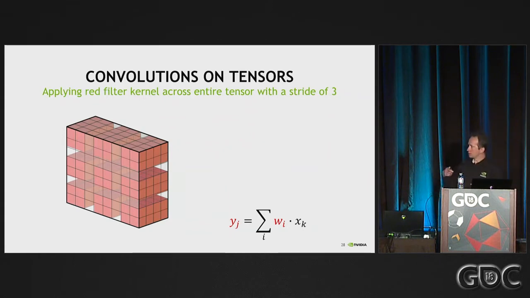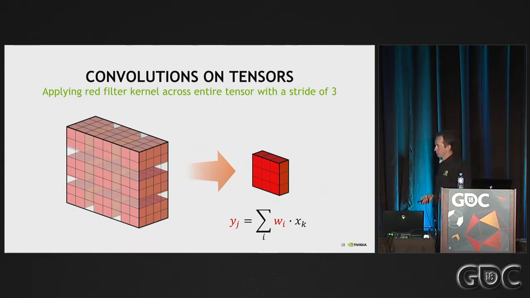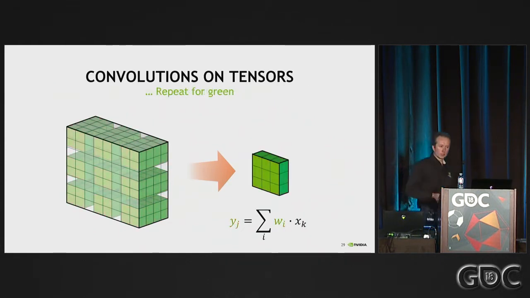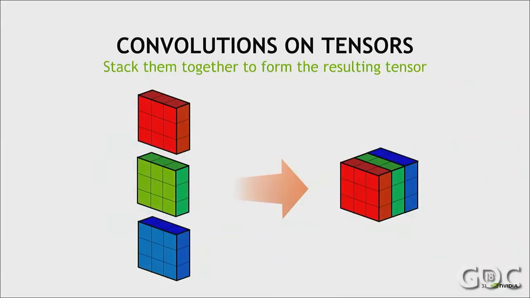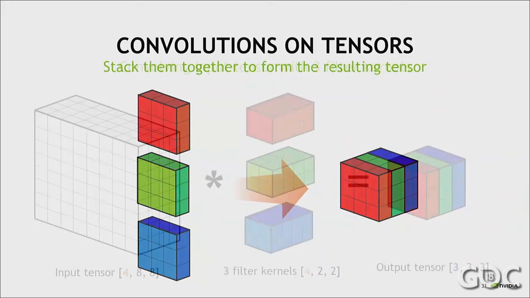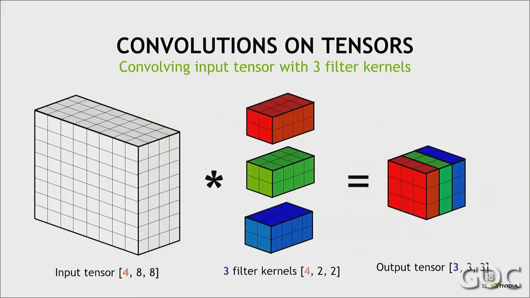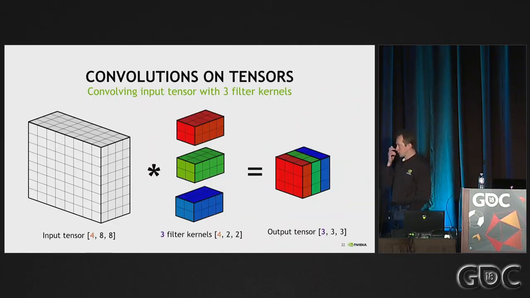As a result, we are producing 9 values. We can arrange them into yet another tensor, with a shape of 1 by 3 by 3. We do the same for green. We do the same for blue. Then we stack them together. And that's the result of our convolution operation. Right? So the result of convolving this input tensor with these 3 kernels is the output tensor of this particular shape.